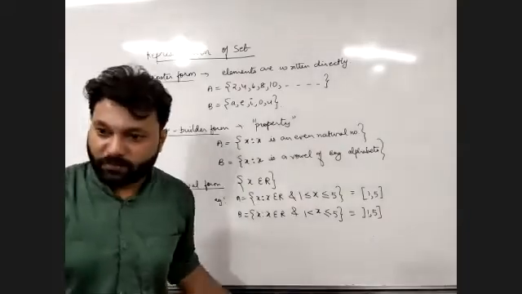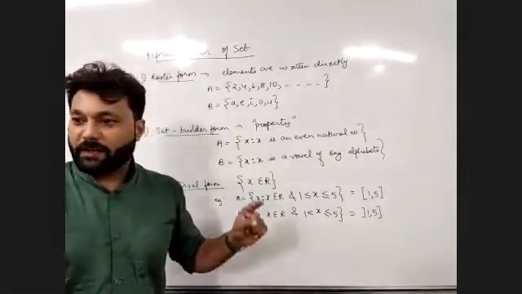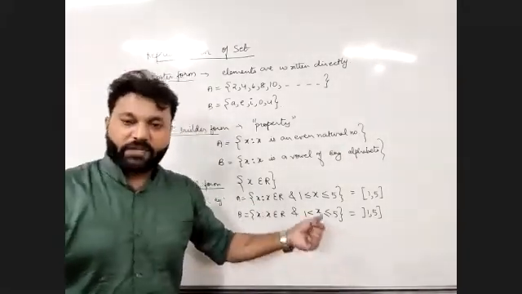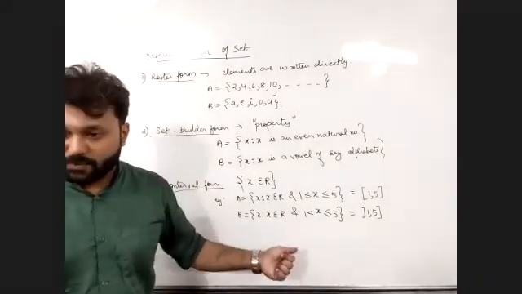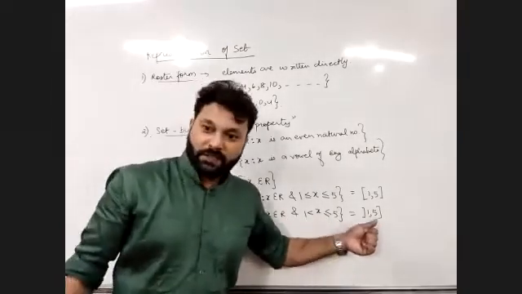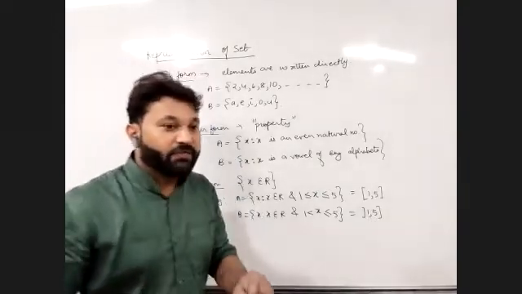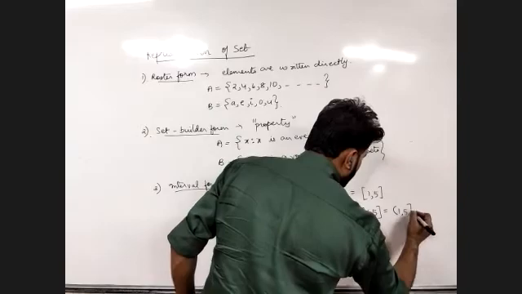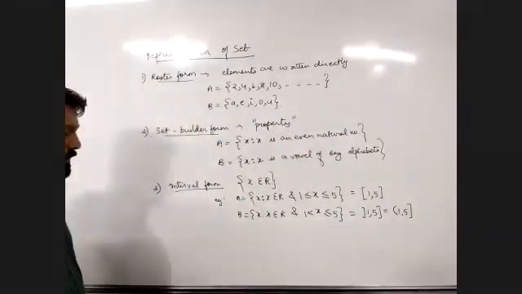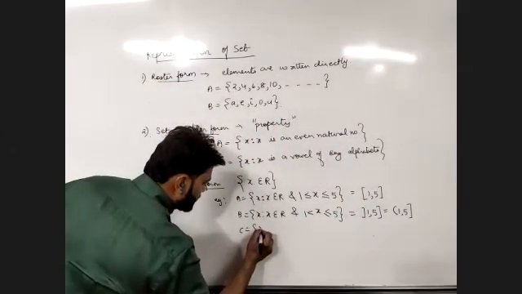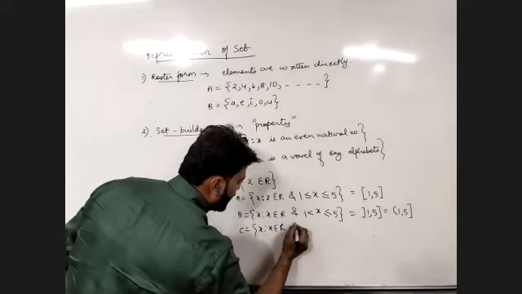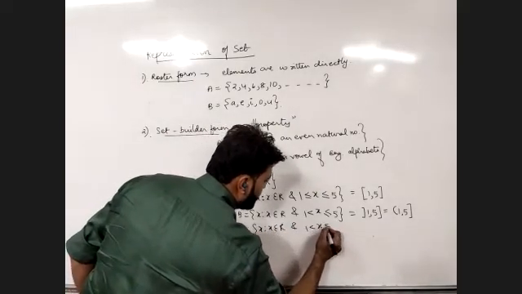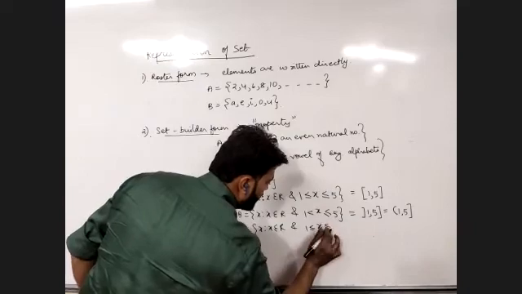Understood the meaning of open and closed bracket? If that value is included, we use the closed bracket. If that value is not included, we use the open bracket. For open bracket, we can even use round brackets. So it can be written like this. Few more examples. x such that x belongs to R, x is greater than or equal to 1 but less than 5.